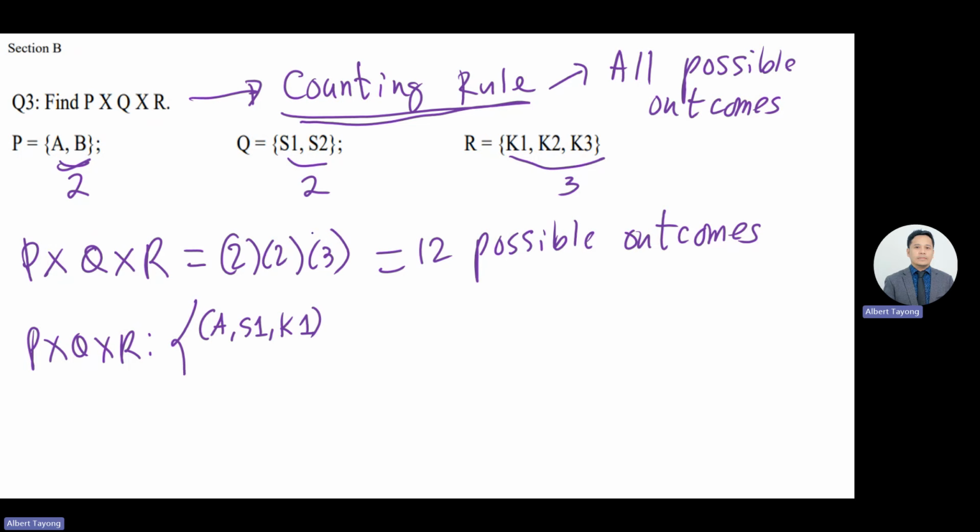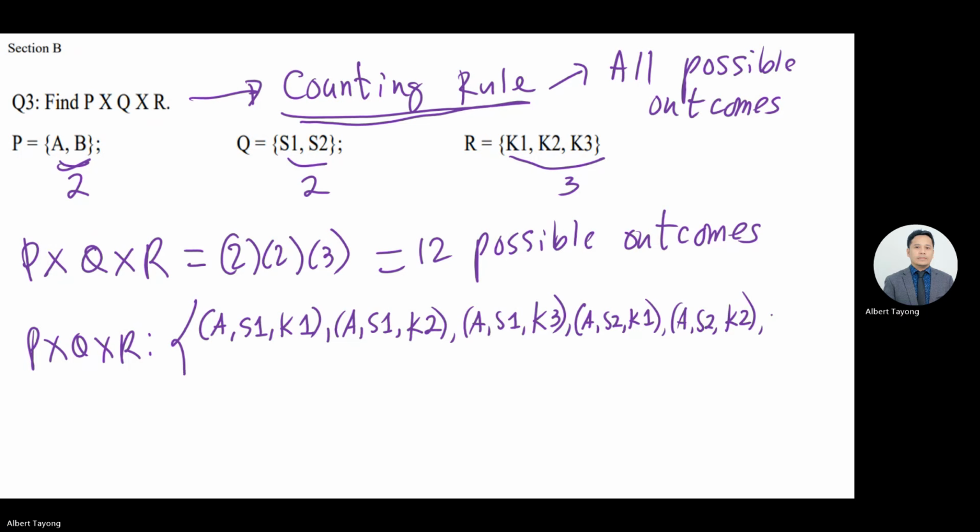Then we will have A, S1, K2, A, S1, K3. Then we're going to have A, S2, K1, A, S2, K2, A, S2, K3.